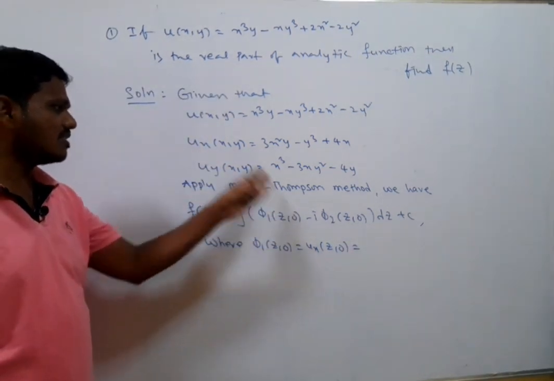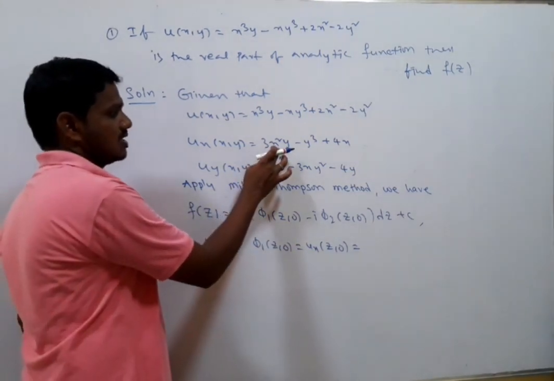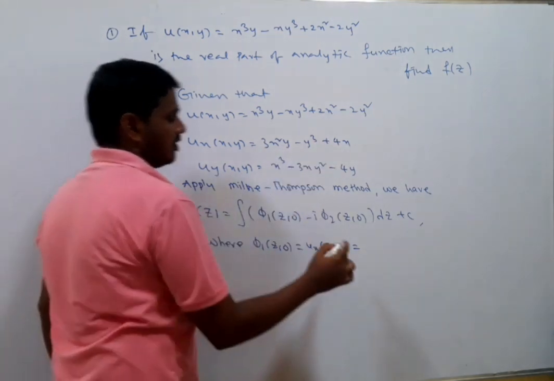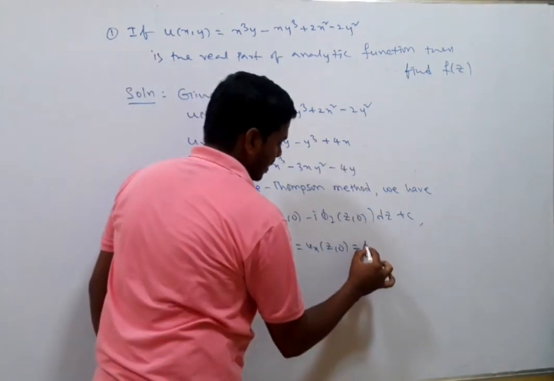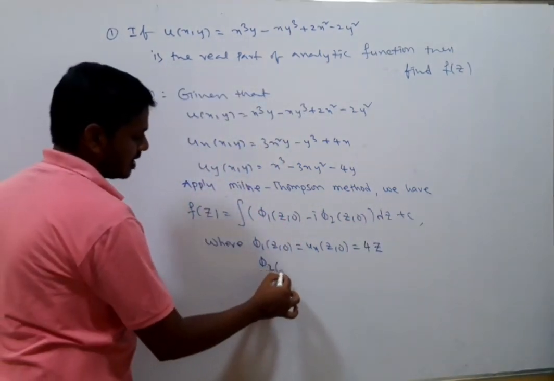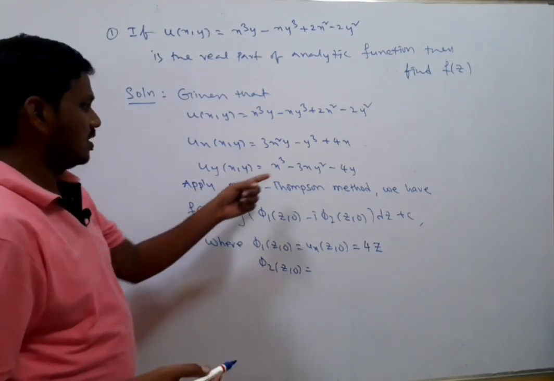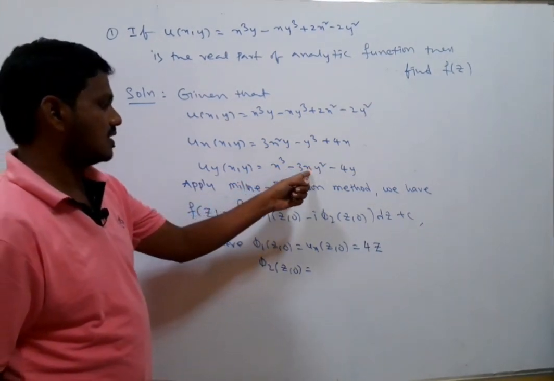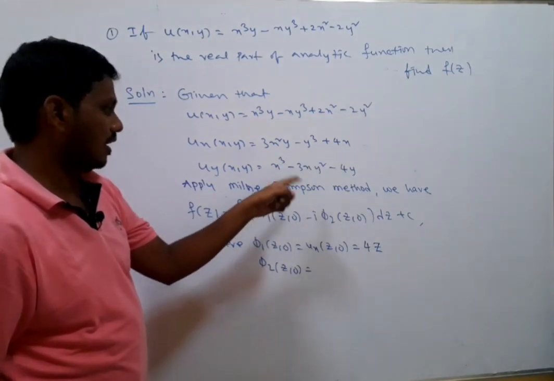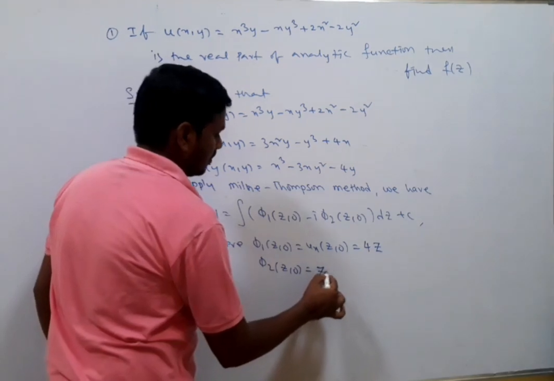Just replace x equals z and y equals 0. Here this term is 0 and this term also 0, since y is there. So only the last term, that is 4z. Next, psi 2 of z comma 0 is equal to uy of z comma 0. Write it, y equals 0. The second term and third term are 0. So we have x cube, and x equals z, which is z cube.